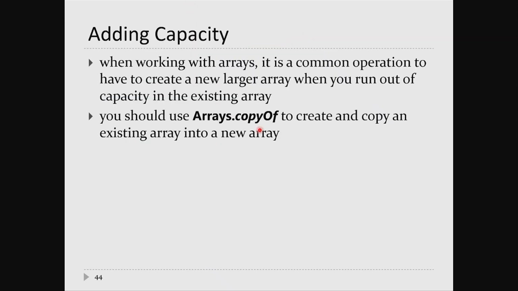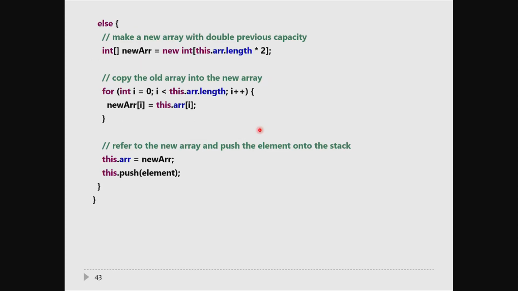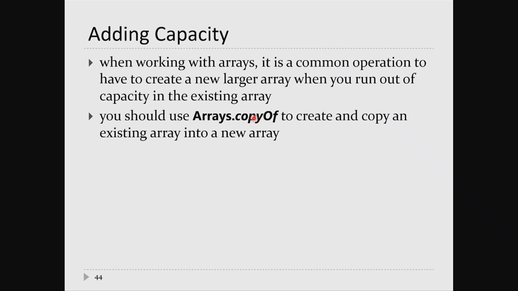There's a method called Arrays.copyOf. copyOf will actually do more than what this does. It will let you create and copy an existing array into a new array. It will also let you copy elements into a smaller array. So if you have an array of size 10, you can make a copy of it that's only size 5.